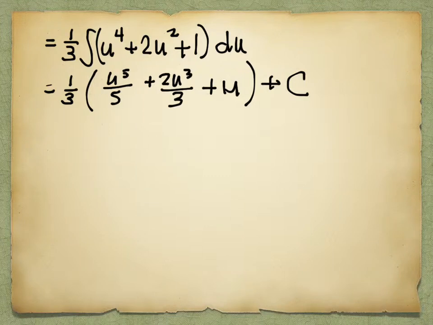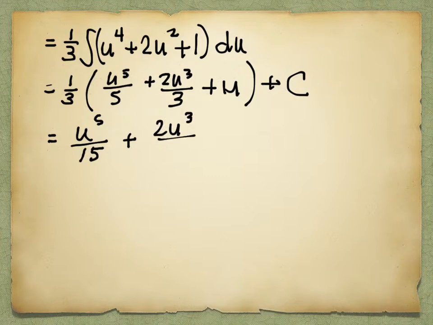Am I done? No, there's actually 2 things I need to do. One of them would be to distribute the 1/3 through, but what else do I need to do? I need to plug that value back in for u, right? All right, so this is 2u to the third over 9 plus u over 3 plus c. All right, so what was u?